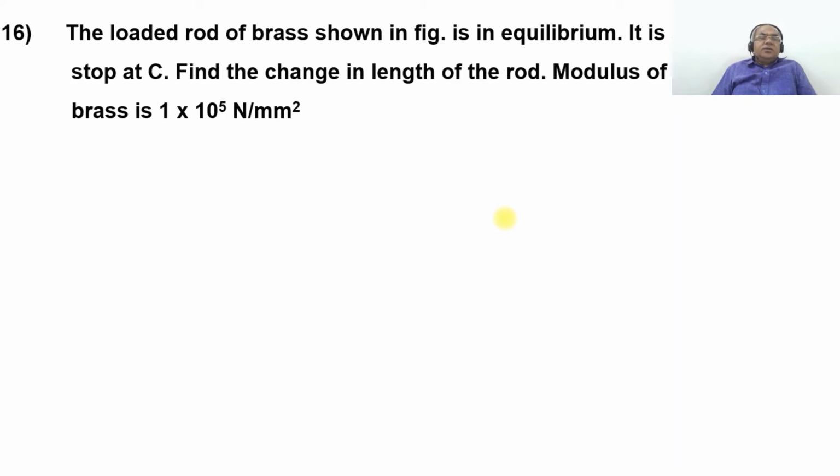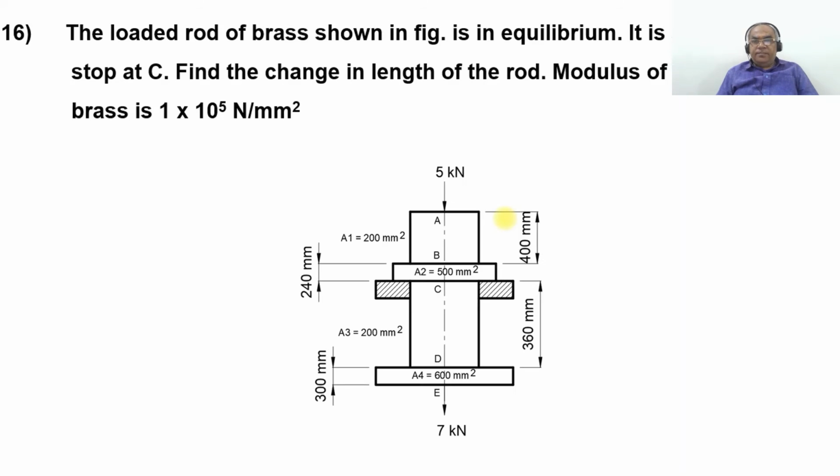Now continuing with the next problem, problem number 16: the loaded rod of brass shown in the figure is in equilibrium. It is supported on a stop at C. Find the change in length of the rod. The modulus of elasticity of the brass is given to be 1 into 10 to the power of 5 Newton per mm square.